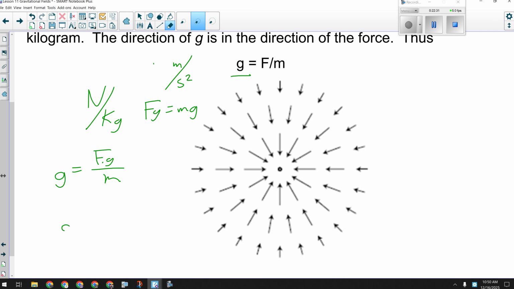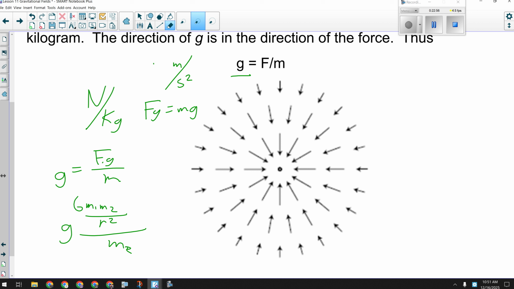So really what we've got here is F_G equals G m1 m2 over r squared, and then we divide all that by m. One of these is the smaller of the two masses, agreed? So is this. This is the smaller of the two masses.